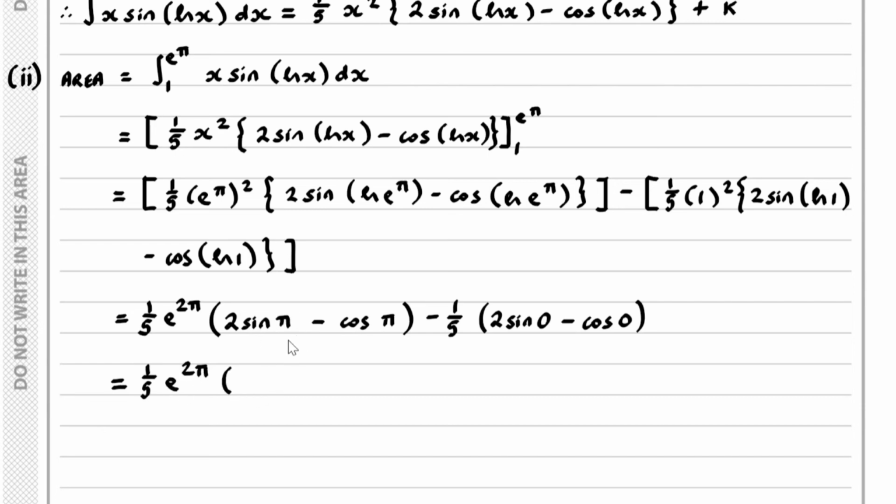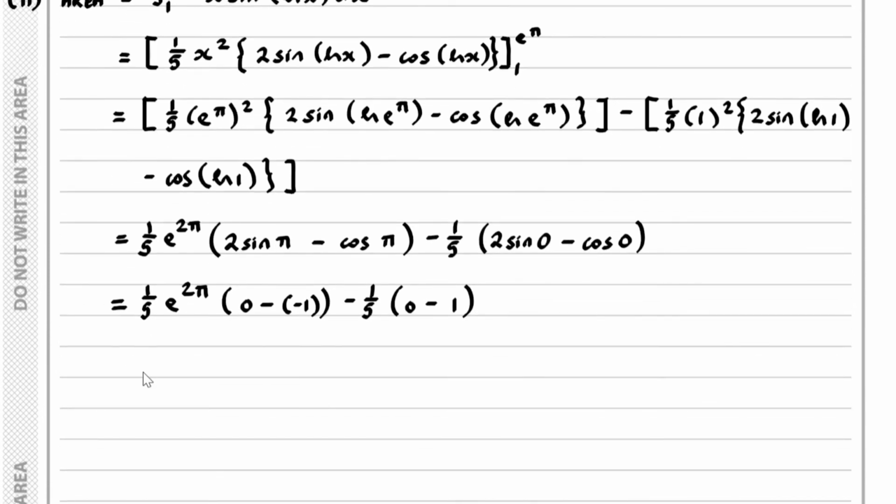Now here, the sine of pi is 0, so I've got 0 minus, and the cosine of pi is minus 1, so here I've got 0 minus 1, minus 1/5. I've got here 0 minus 1.